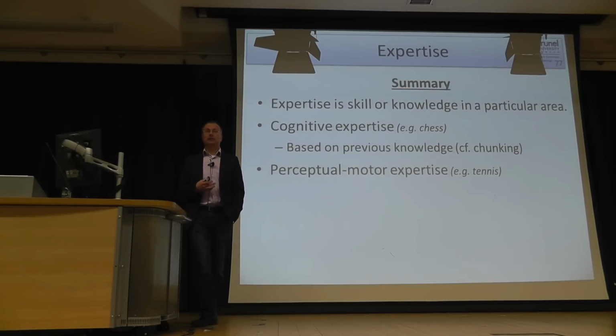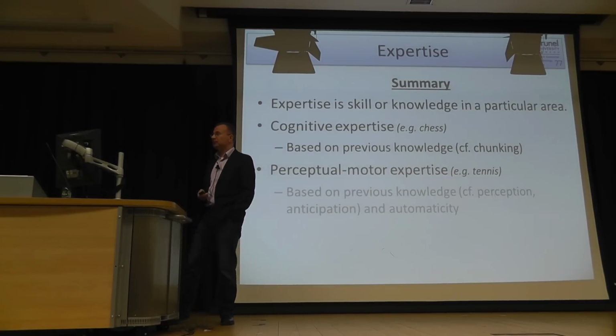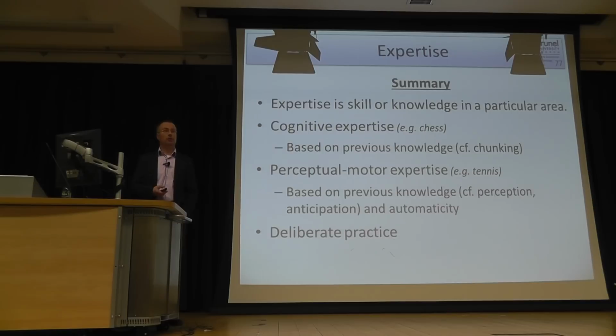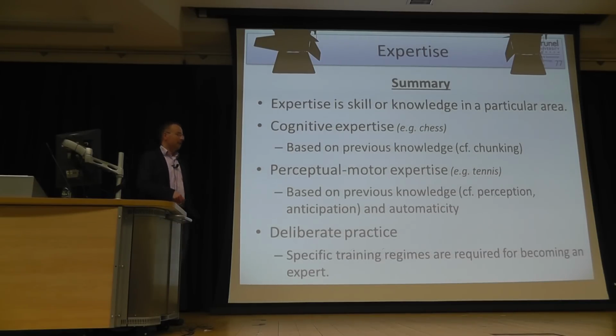And we have seen the example of perceptual-motor expertise, which is also based on previous knowledge, like knowledge of movement, in perception and anticipation of the opponent's movement, and automaticity of actions. And the importance of deliberate practice, where we really need these training regimes to become an expert.